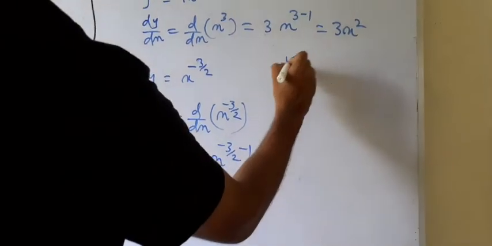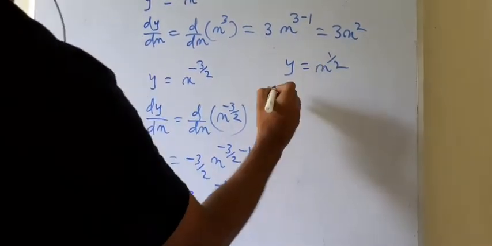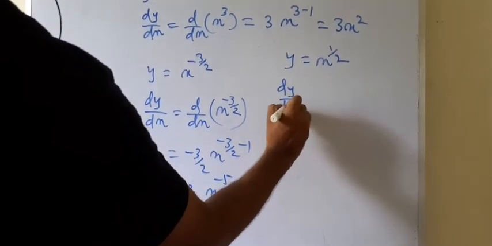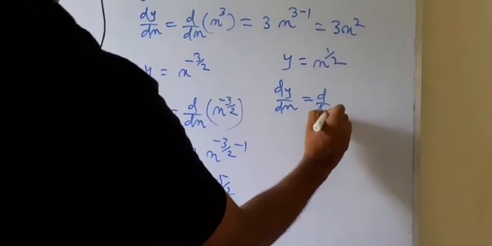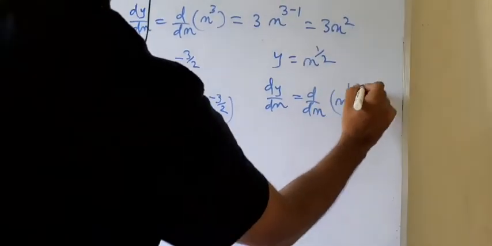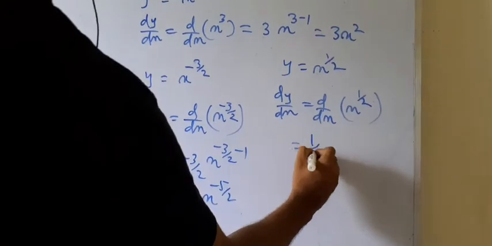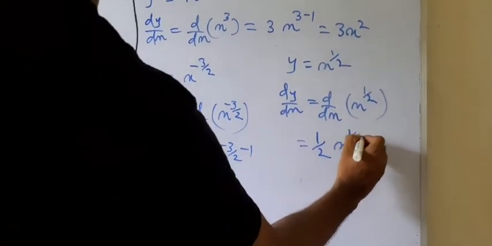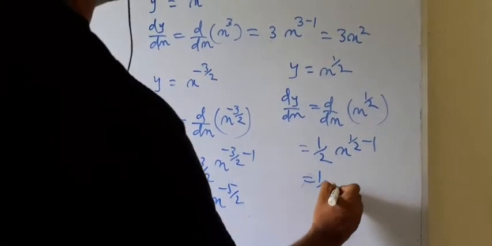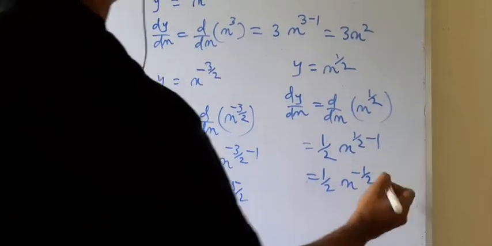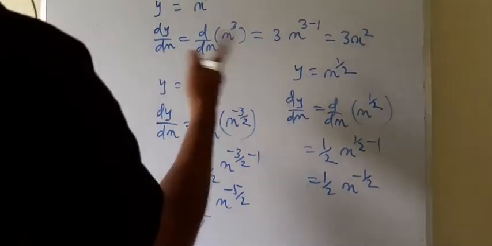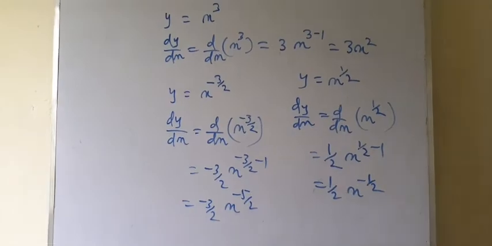If y equals x to the power half, find dy by dx. So d by dx of x to the power half: n into x to the power n minus 1, so half into x to the power half minus 1, which is minus half. So these are the things.